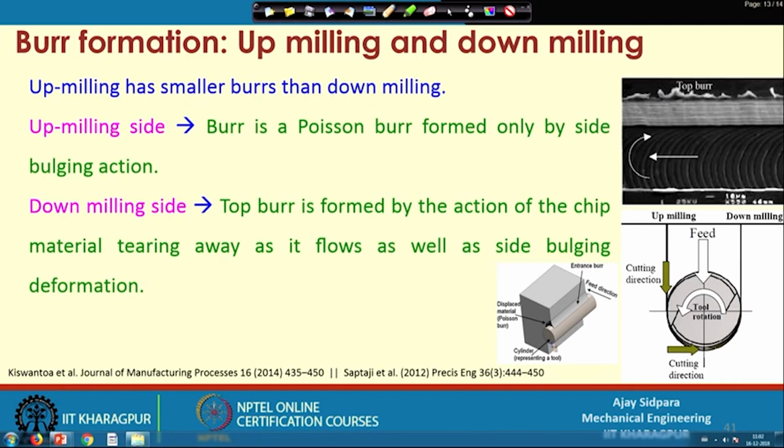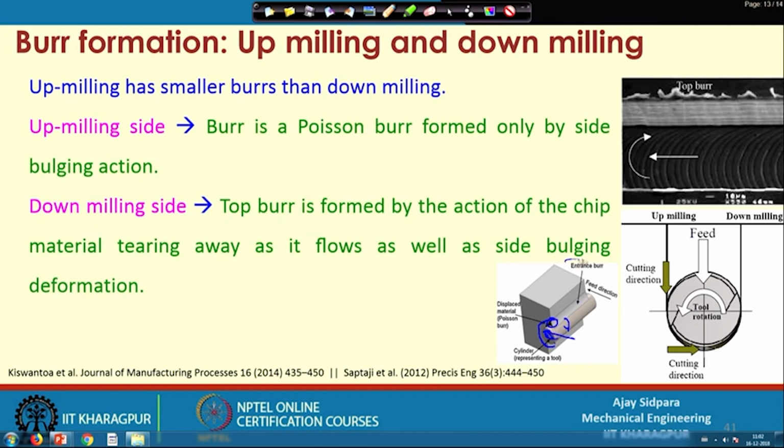Now, we have seen in this diagram that there is a rod which is rotating in this direction, and we are pressing this rod into the material. This is the feed direction. Your material will be moved from here to here, because the rotation direction is this one. When your material is displaced from here to here, wherever the material is displaced, it will be accumulated at this location.